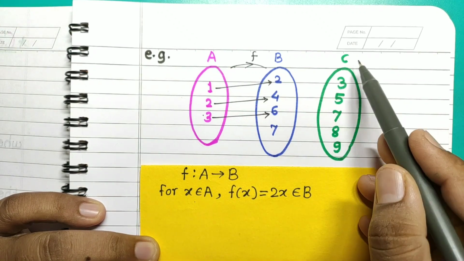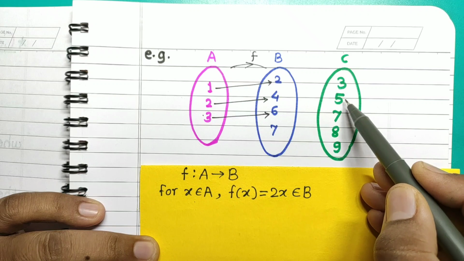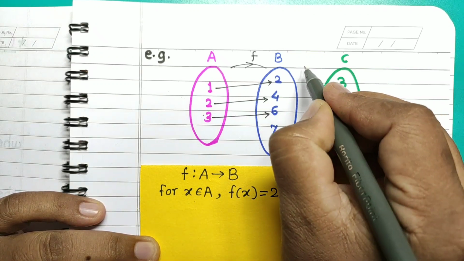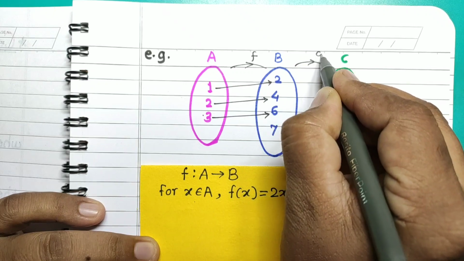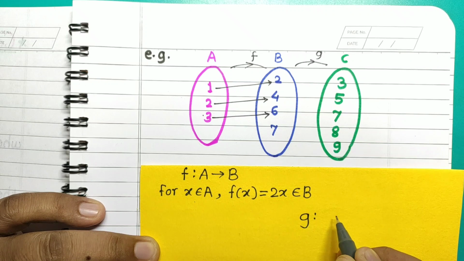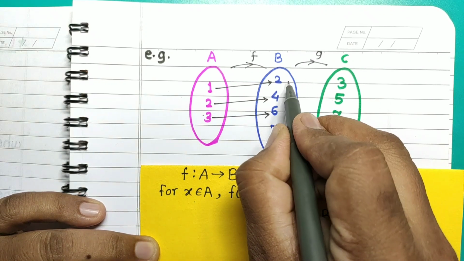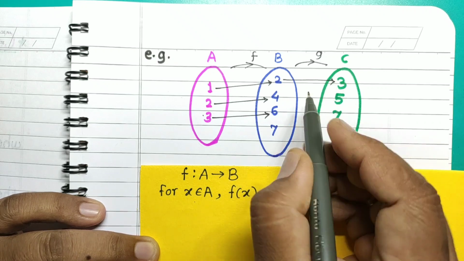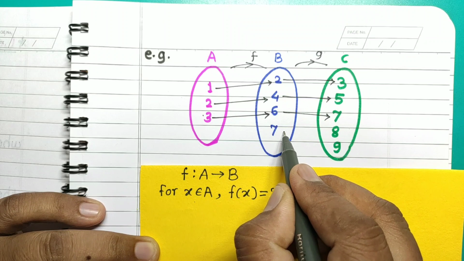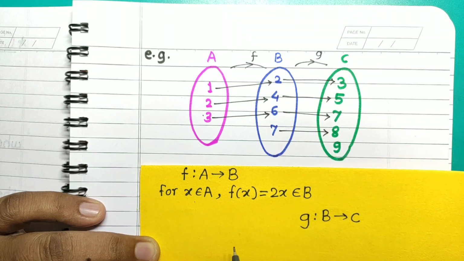Then consider set C containing elements 3, 5, 7, 8, 9, and let's define function g from B to C, under which 2 is related to 3, 4 is related to 5, 6 is related to 7, and 7 is related to 8.